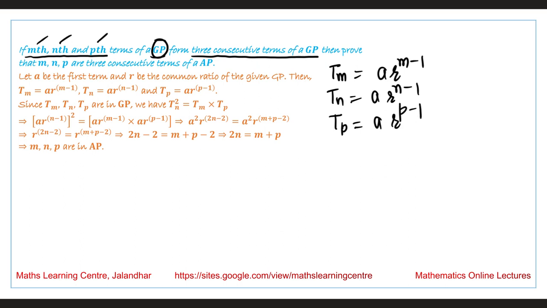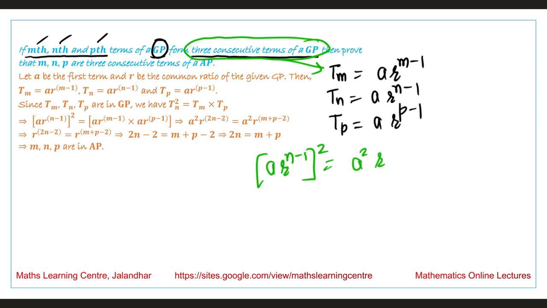And it is being given that these three terms are the three consecutive terms of another GP. So what we obtain is that (a r^{n-1})^2 is equal to a r^{m-1} times a r^{p-1}.